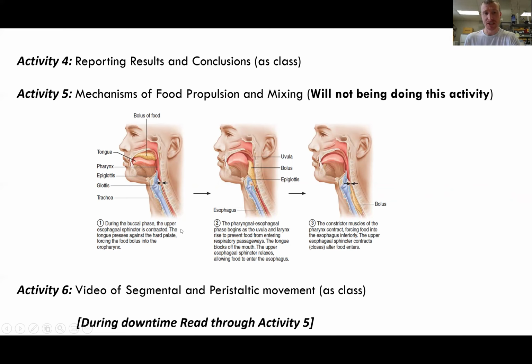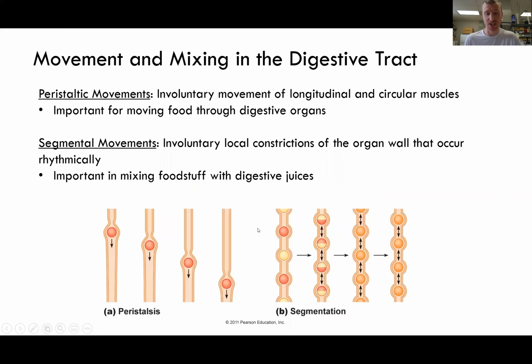And then activity 6, we're actually going to show a video in class to look at both segmental and peristaltic movement. You should be able to compare and contrast these different movements, where peristaltic movement is a process that moves food through the digestive tract, and segmental movements are more involved in mixing of food with digestive juices.